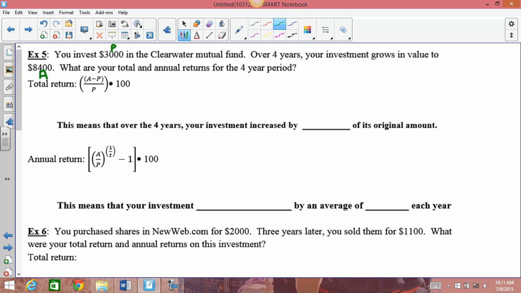Now if I go to my formula, I start with a parenthesis, and then start another parenthesis right away, and I have my A value, which is 8,400, minus my P value, 3,000. Close it, all divided by P, which is 3,000.